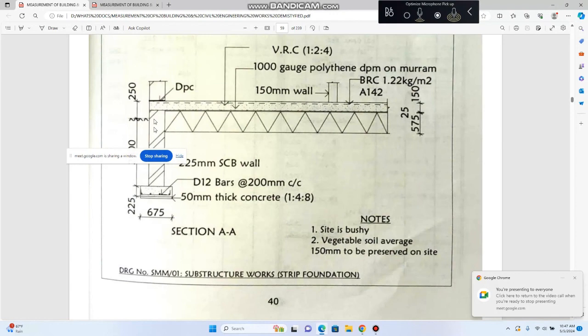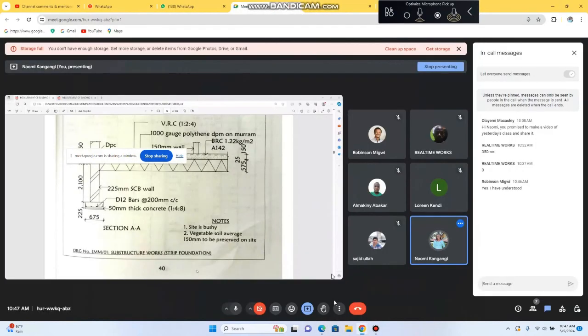This is the foundation wall. It's going deep into the ground. Now we need to measure the area of this wall so that we can know how much it will cost to construct that wall. For the hardcore, inside the rooms, we have to lay hardcore so that it could hold the floors. So we need to calculate what is the volume of hardcore we shall use, then what will be the cost of that hardcore. So that is why we need to take off walling and hardcore.